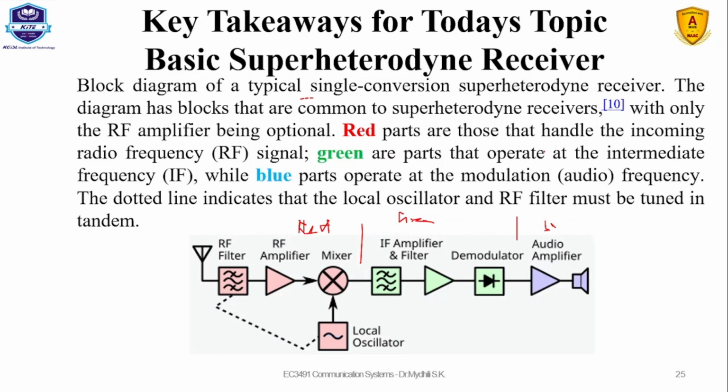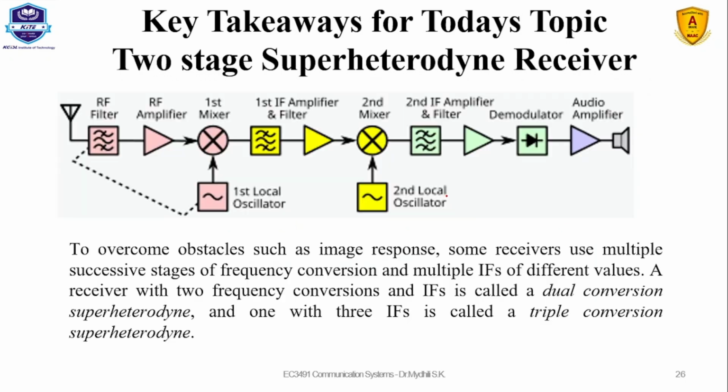The red parts handle the incoming radio frequency signal, that is the RF part, and the blue parts operate at the modulation frequency, and the dotted lines indicate the local oscillator and RF filter which are to be tuned. Finally the output is given by the modulation part, and the green part is nothing but the intermediate frequency part.